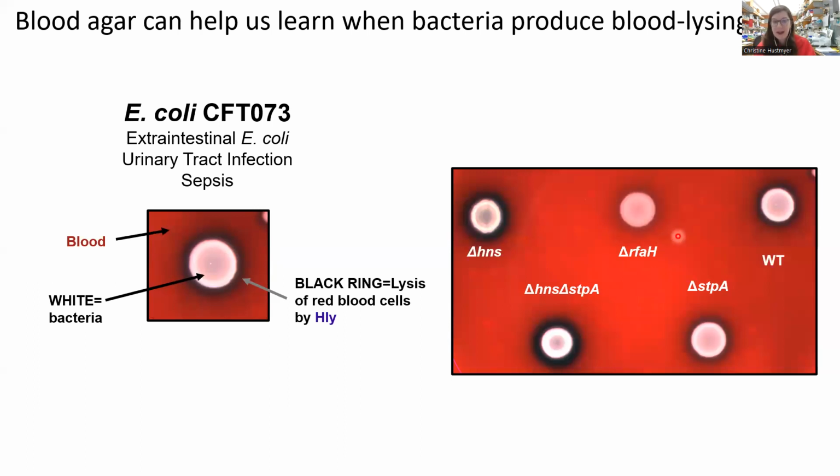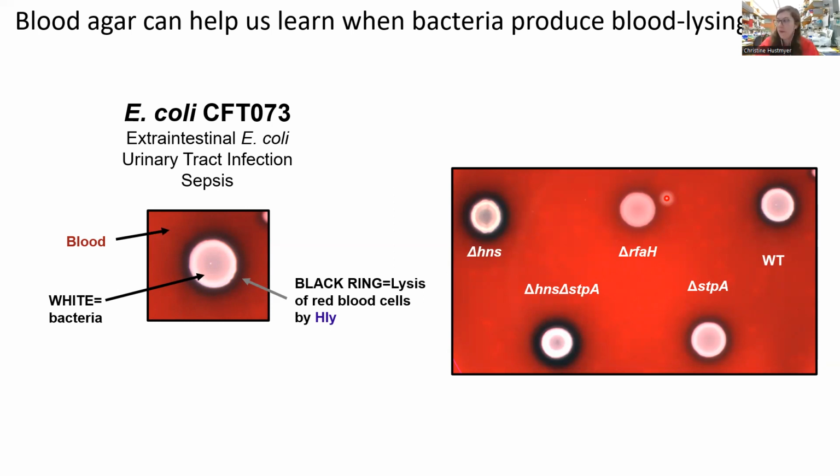You can see that black ring is now much smaller. So these bacteria are much worse at causing bad things to happen in humans. And so this is a great way that different chemists or biochemists could then maybe develop a different drug or a different medicine to help prevent the bad bacterial behavior from occurring in humans. And this is all through monitoring what happens on these sort of jelly little plates.